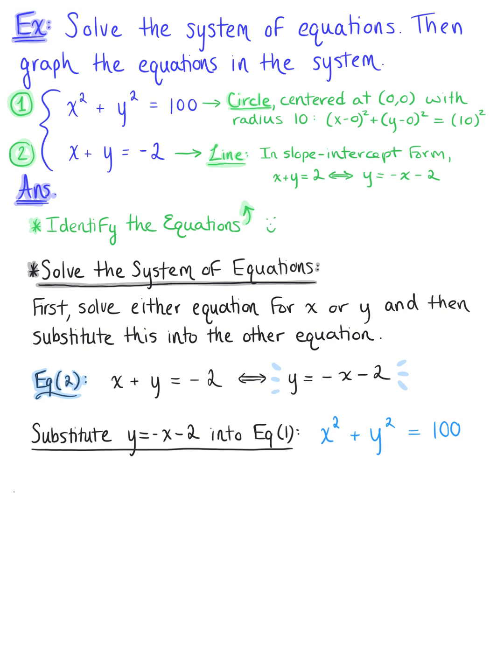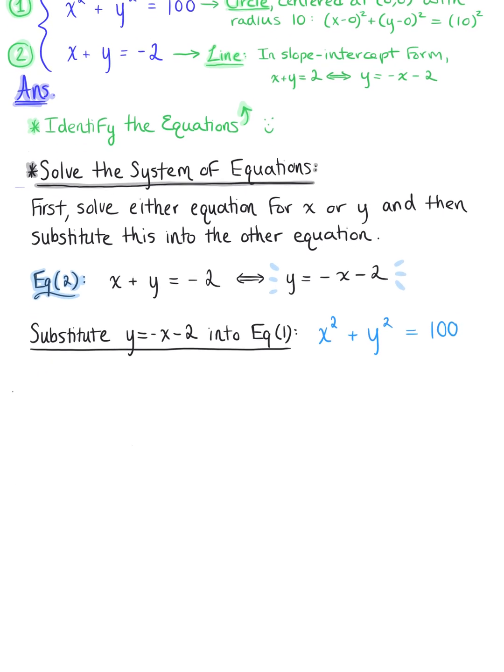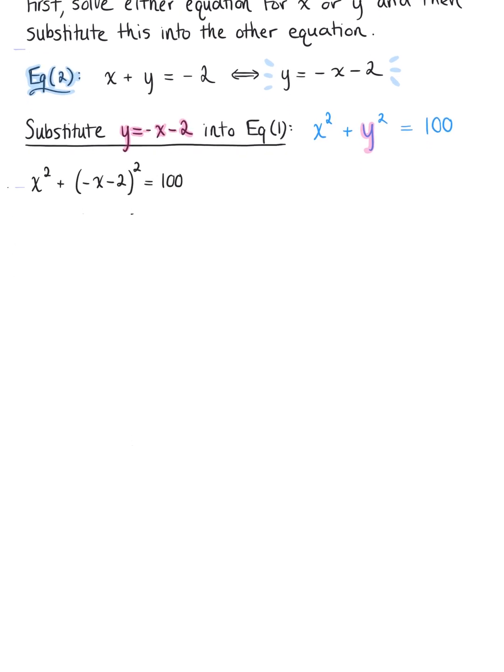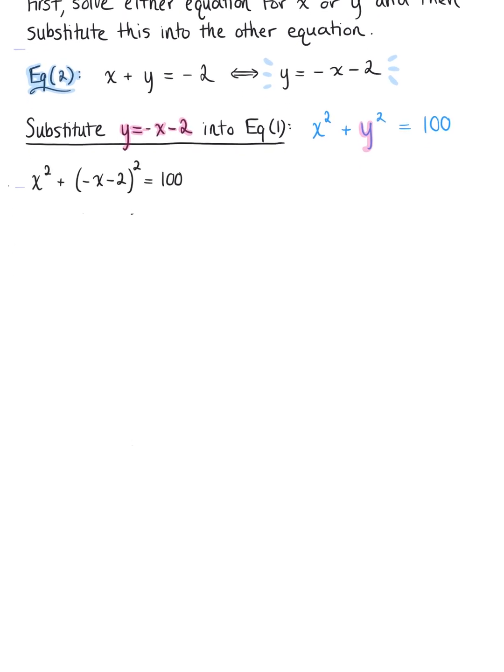In other words, we are going to replace the y in the circle with the minus x minus 2 of the line. So now we are left with an equation in terms of the single variable x, and we're ready to simplify.